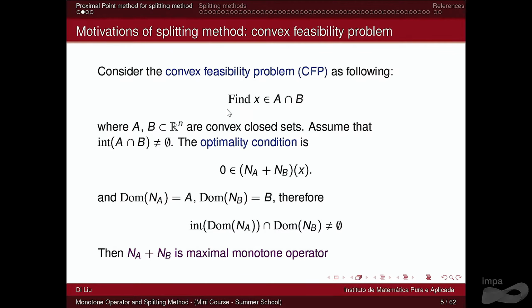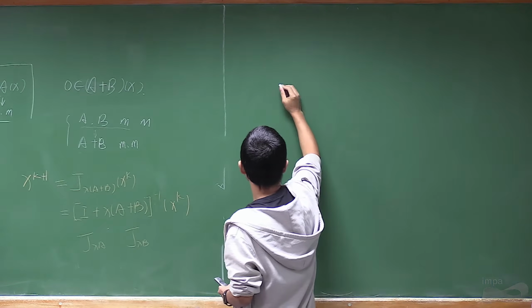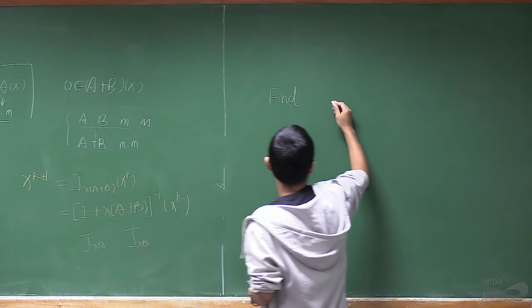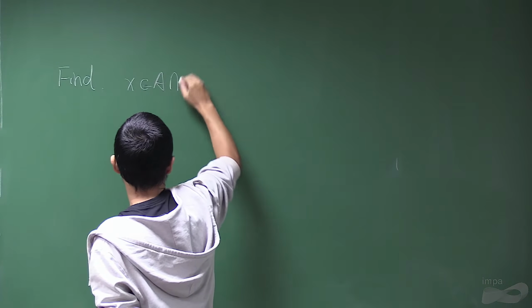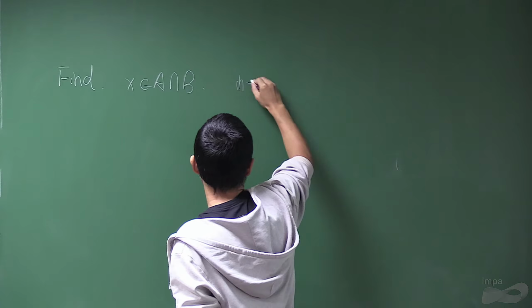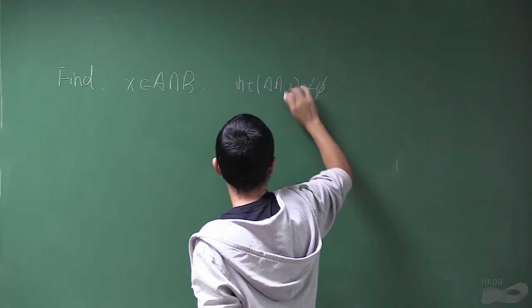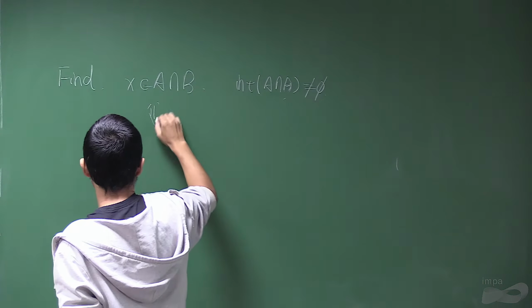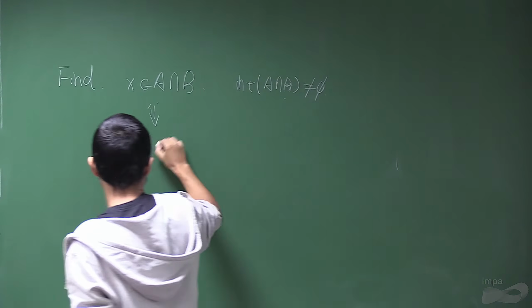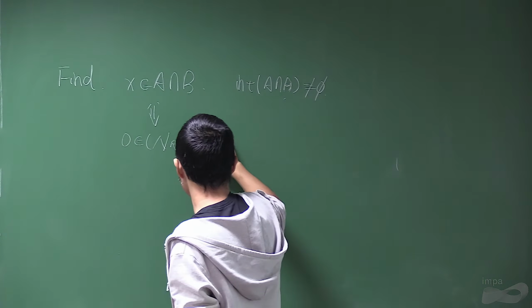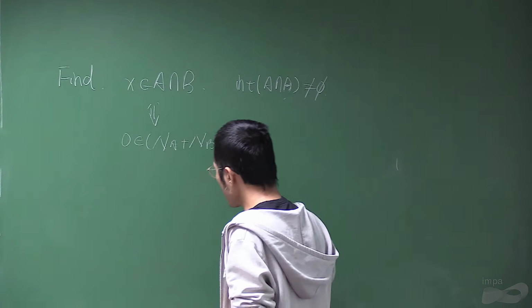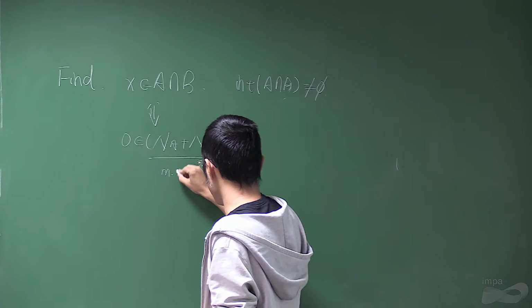I will write it here. We want to solve this feasibility problem with the regularization condition that the interior of the intersection is non-empty. Okay, so it is equivalent to solving 0 belongs to the normal cone of A plus the normal cone of B at x. So this is a maximal monotone operator.